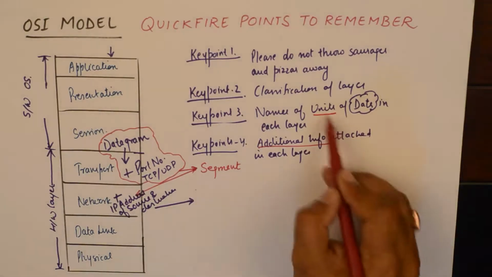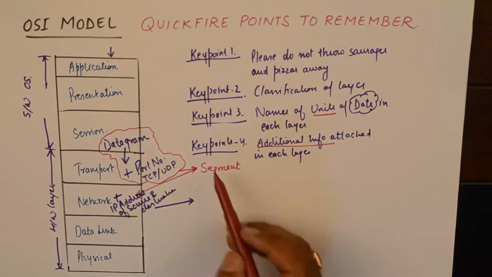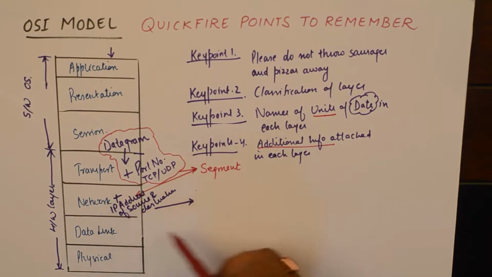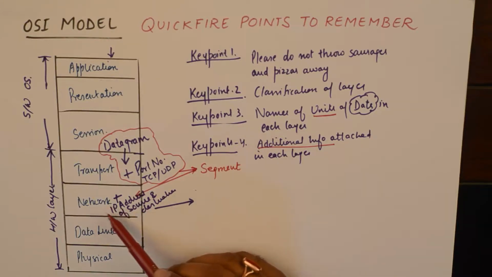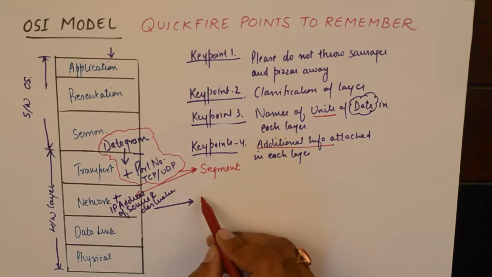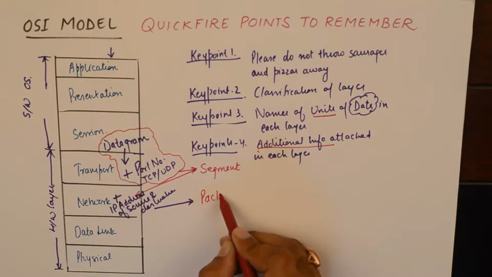So I'm talking about the unit being generated by the network layer, segment plus IP addresses of source and destination, which is the proprietary information attached by the network layer. Together they make a packet.